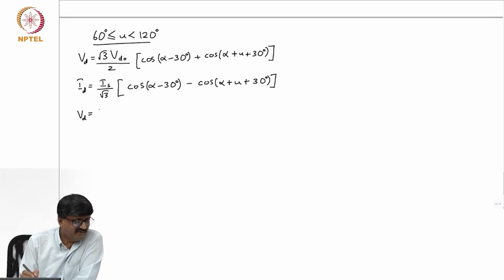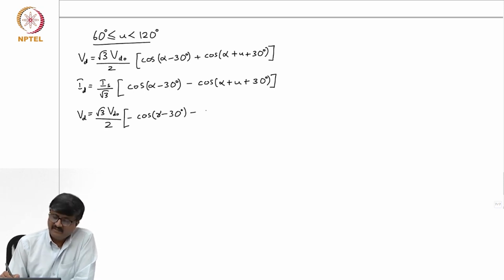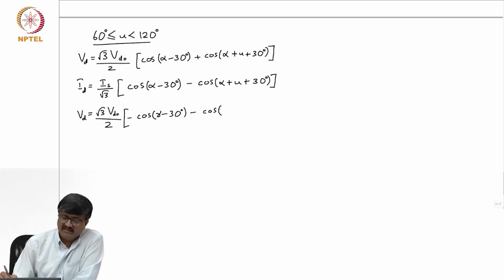VD is equal to root 3 VDO by 2 minus cos gamma minus 30 degrees minus cos gamma plus u plus 30 degrees.